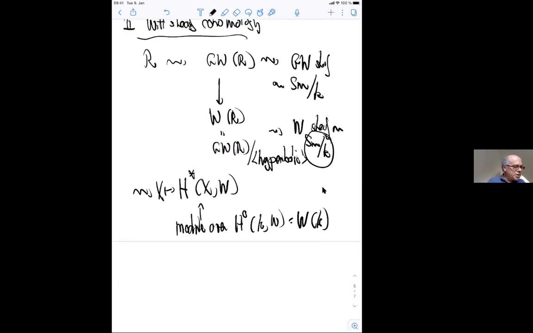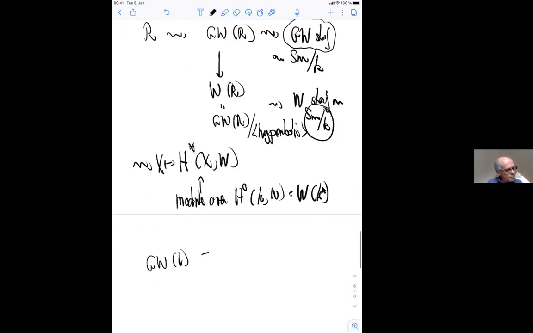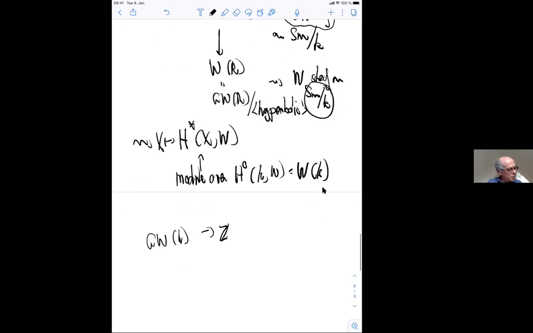And the reason this is interesting, I mean, we're really more interested in the Grothendieck-Witt ring. That's the real interesting object. But you have this fiber square, which tells you that the Grothendieck-Witt ring maps by the rank to Z, and maps to the Witt ring, and they agree over Z mod 2, because you mod out by the hyperbolic form, which has rank 2.